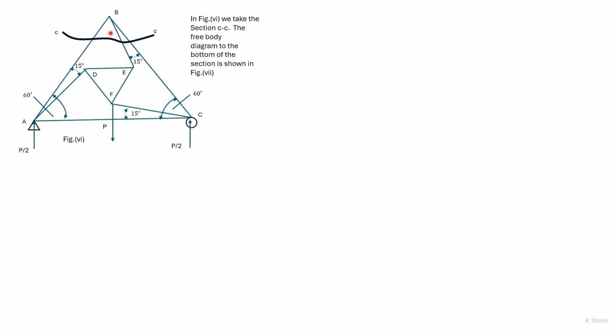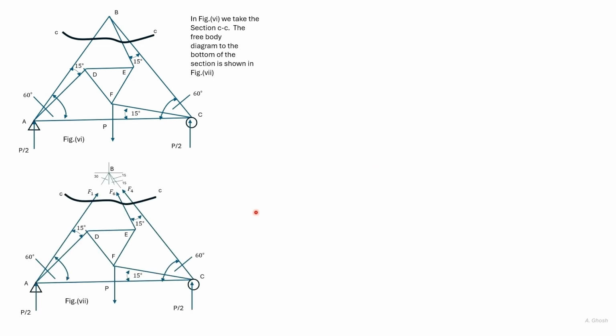We can resolve these three forces in the vertical direction and obtain the force in BE in terms of the force in AC and P. The force in AC has been designated as F3. We can then resolve the forces acting on this section in the horizontal direction and obtain a relationship between F3 and P.